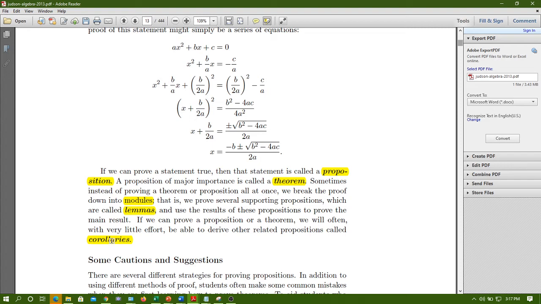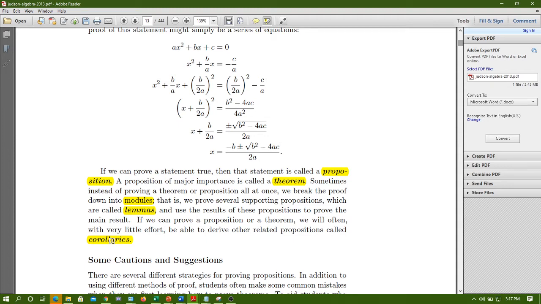Sometimes, instead of proving a theorem or a proposition directly or as a whole, we can divide it into modules. And modules contain a series of propositions that can now be called lemmas. That's why some books use lemma 1, lemma 2, lemma 3. They are still propositions but belong to one module.